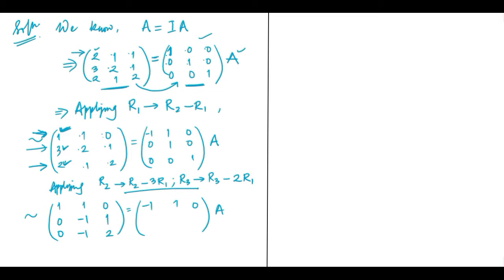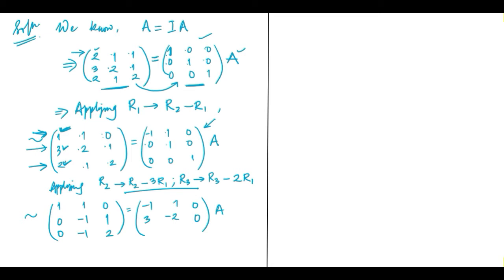Now the right hand side matrix, we apply the same operation. R2 minus 3 times R1. R2 0 minus 3 times R1 minus 3 plus 3. So R2 1 minus 3 times R1 minus 3 will be minus 2. 0 to 0, whatever you do, it's still 0.